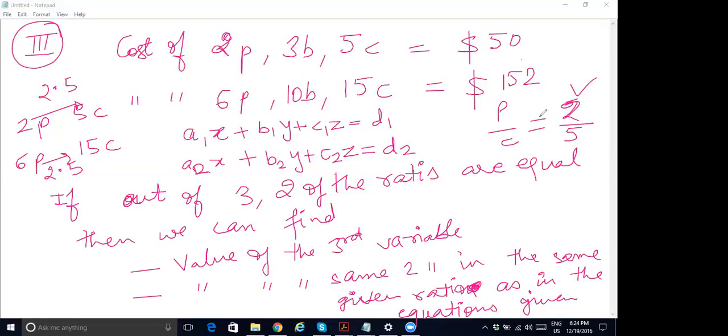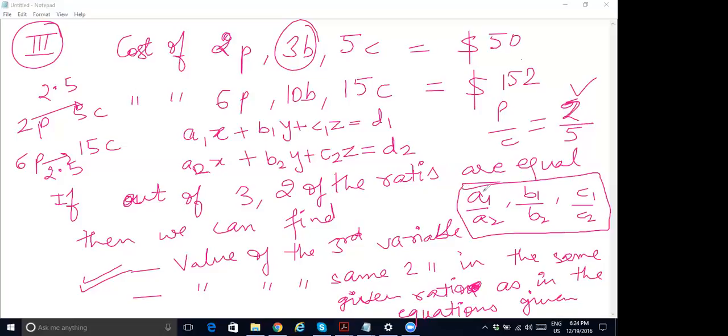So when this scenario is given, then we can find the value of the third variable. Which ratios are same? a1 over a2, b1 over b2, and c1 over c2. If out of these three, any two are same, then we can find the value of the third variable, and the value of the other two in the same given ratio as in the equation itself.